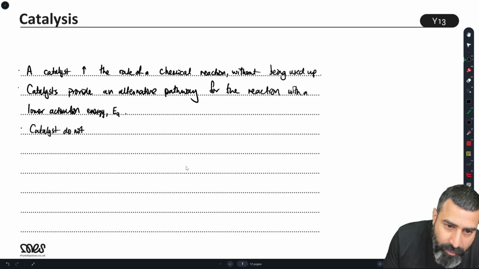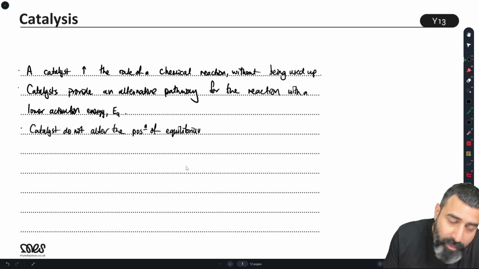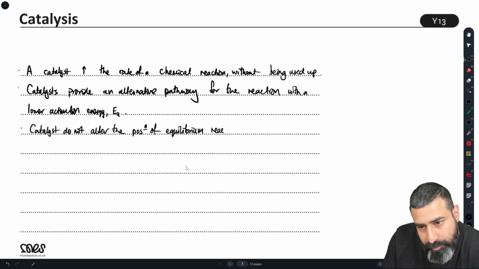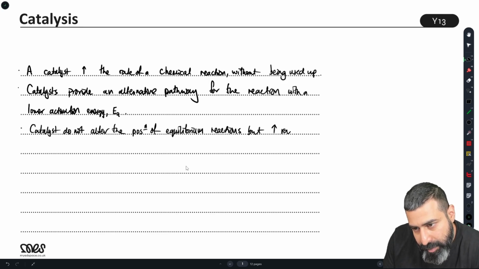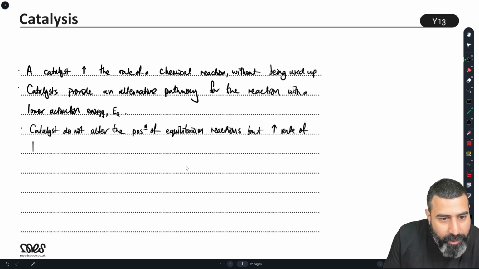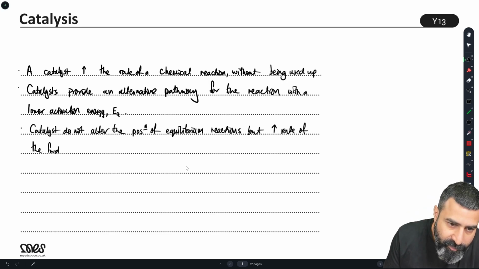Okay, so they do not alter the position of equilibrium reactions, but they increase the rate of the forward and reverse reactions.